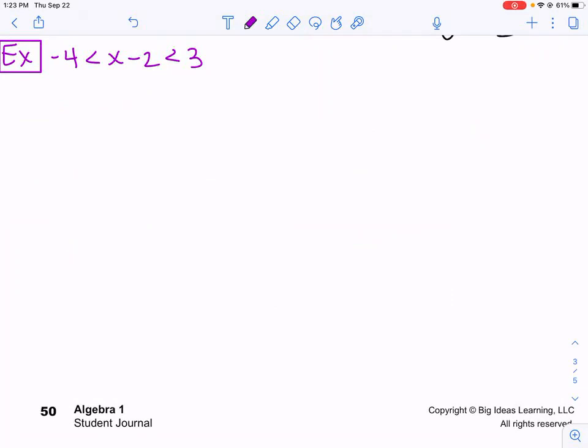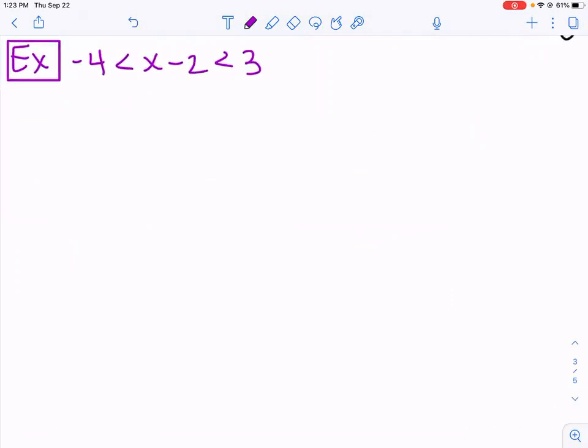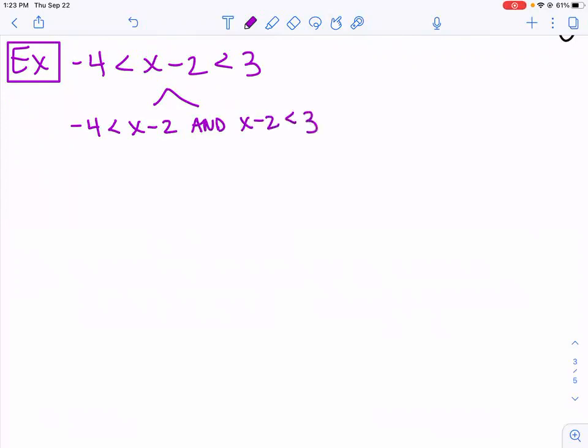What kind of statement do we have? We have an and statement. Okay, so this is what I would suggest doing because we're going to need to solve this. Okay, this means -4 is less than x minus 2 and x minus 2 is less than 3. Let's go ahead and separate it out so we can solve.